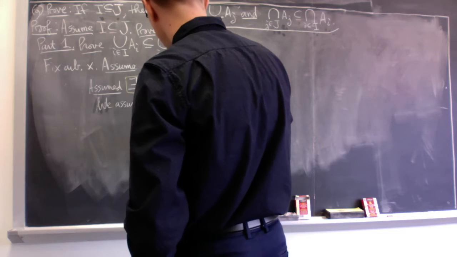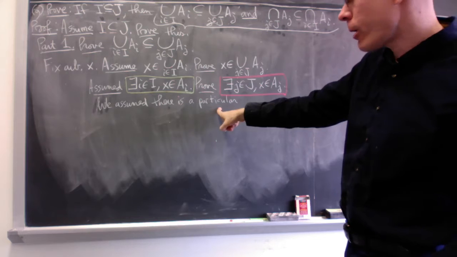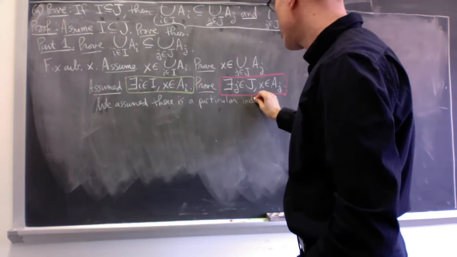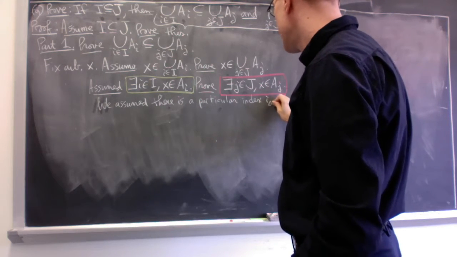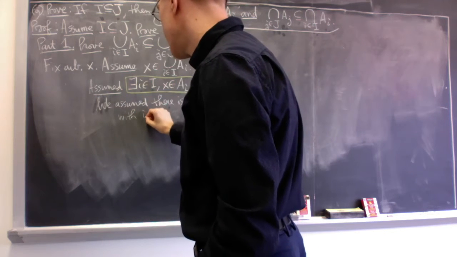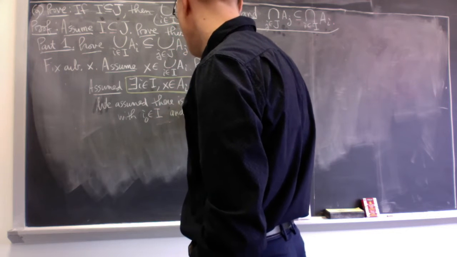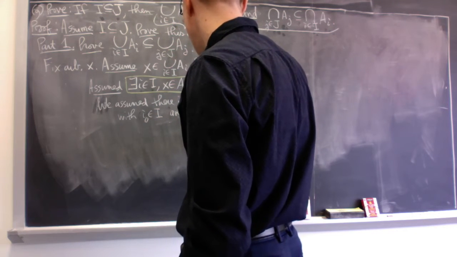We don't control it, by the way. We don't choose it or have control over it, but we know it's out there. Let's call it i naught. And what do we know about that i naught? We know it's in I, the index set, and we know it satisfies this statement: x is in A sub i naught.